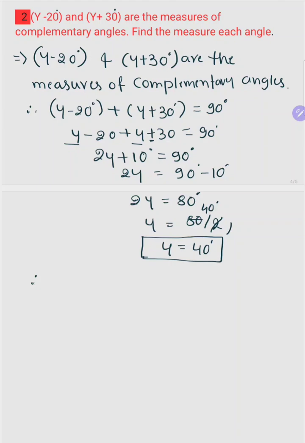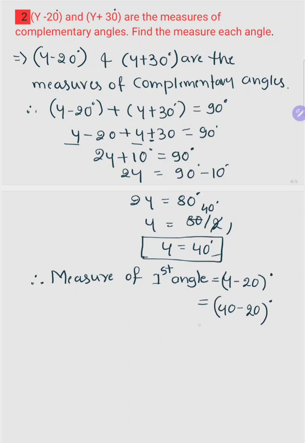So the two questions are the measures of the angles, na. So we find the first, y minus 20 degree. Here write the measure of the first angle. How much is it? y minus 20 raised to degree. So y is how much? 40. So 40 minus 20 raised to degree is equal to 20. 40 minus 20 means it is 20.